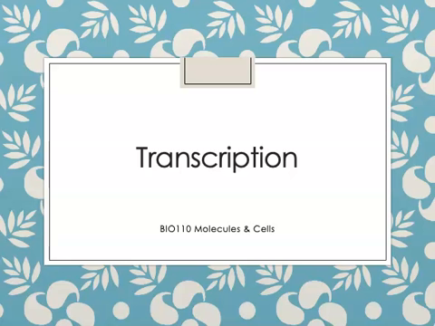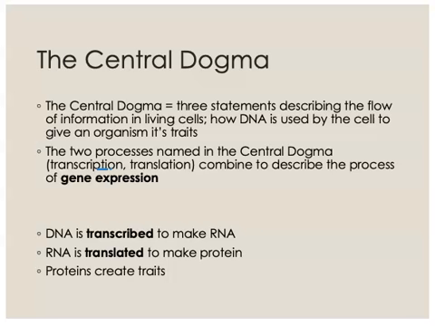Today we're going to be talking about the process of transcription. Let's take a minute first and review the central dogma. Remember that the central dogma is a series of 3 statements, and those statements tell us how the flow of information occurs in a living cell.